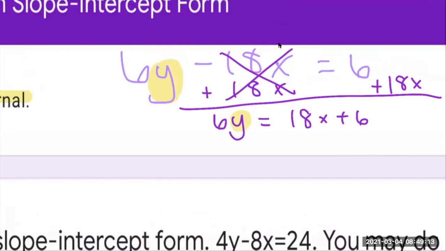Now, again, the goal is still to get y by itself. As we can see, the last and final thing standing in the way is that 6. 6 is multiplying y, and so the opposite of multiplying is dividing. And so that means I have to divide everything on this side by 6. This goes away, which is the goal, so I'm left with just y.